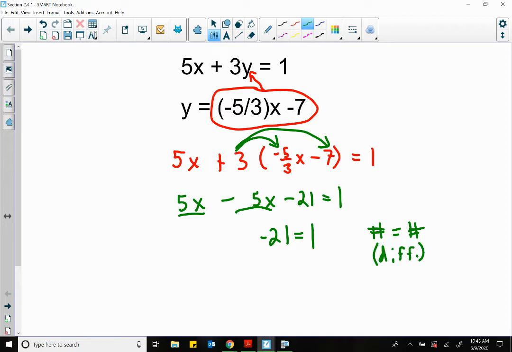Hopefully you remember that this is a no solution. So in our little blanks, this is where, remember, D and E, comma, D and E. All right? And there you go.